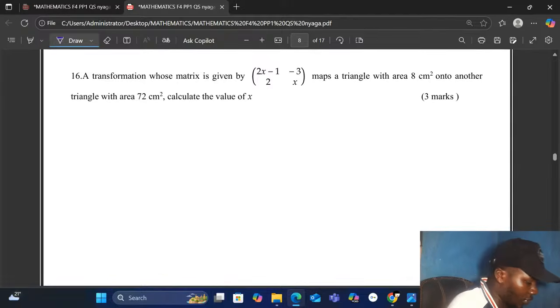You are required to find the value of x.